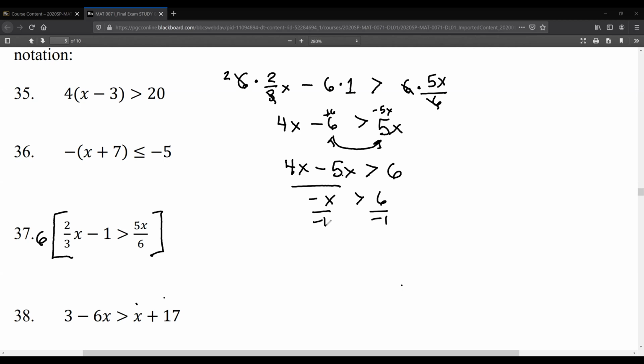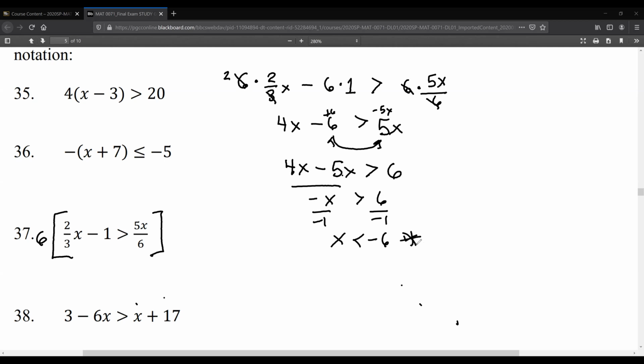Remember, whenever you multiply or divide by a negative number, the direction of the inequality changes. So this is going to be x is less than -6. Okay, so this is the solution.